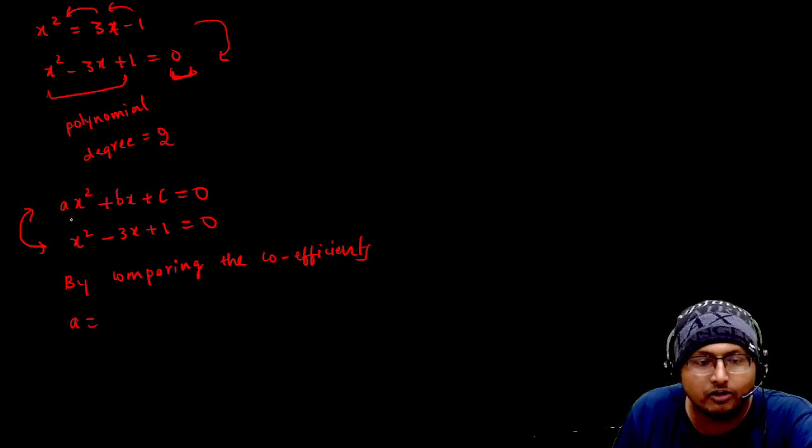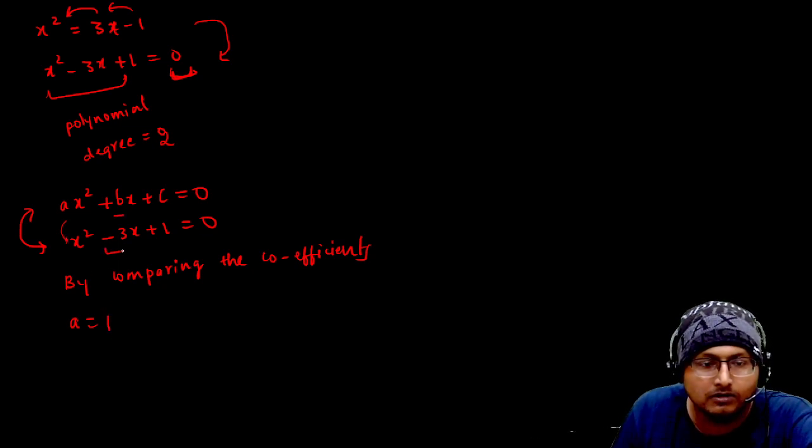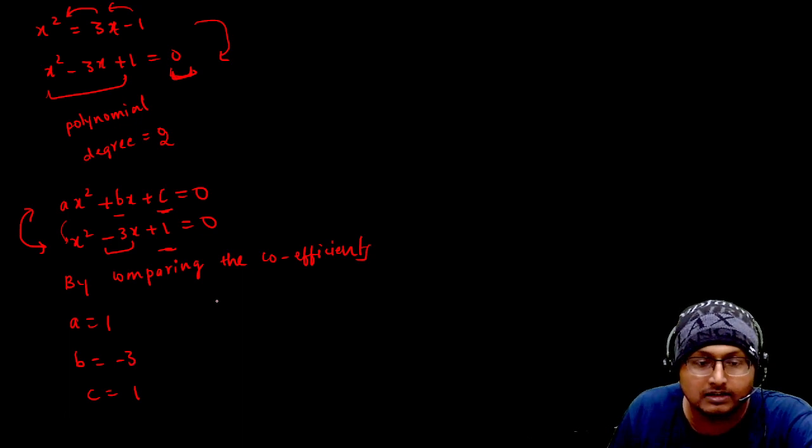So we get a equal to 1, b equal to minus 3, and c equal to 1. Let us check the standard form: ax square plus bx plus c equal to 0.